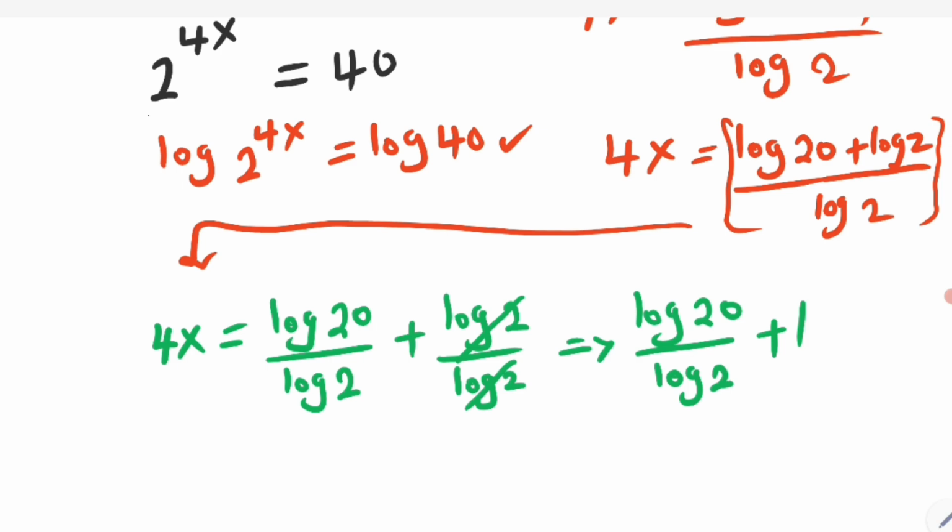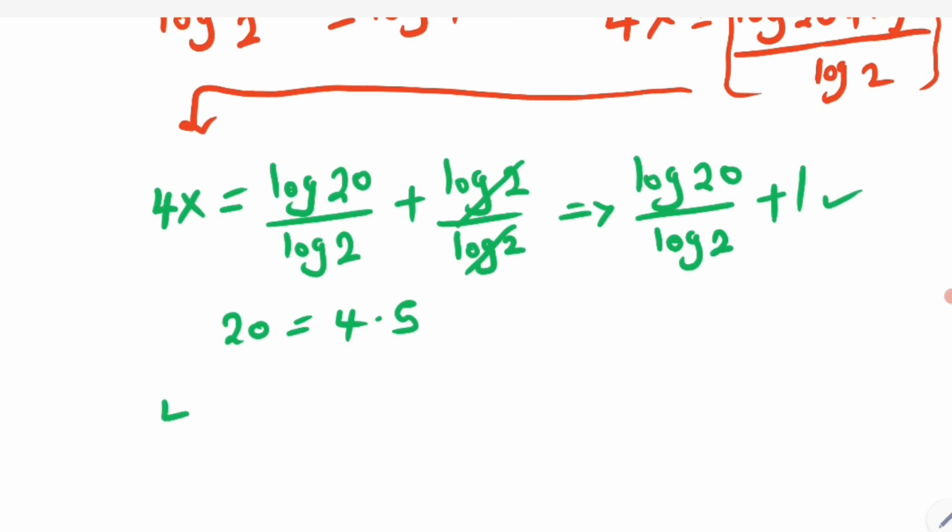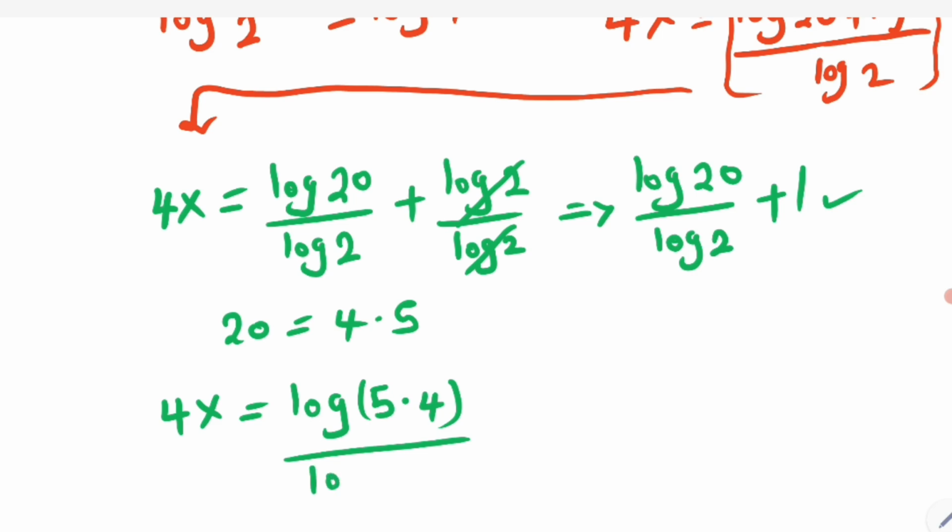Also, 20 is equal to 4 multiplied by 5. Then this can be written as, we have 4x is equal to log 5 multiplied by 4 over log 2 plus 1.